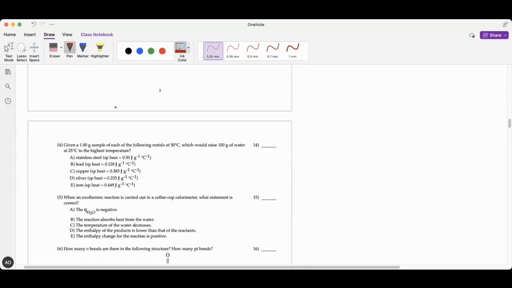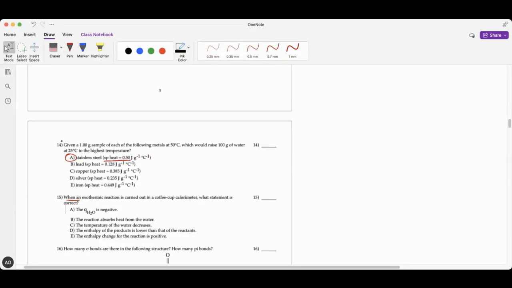Yeah, actually it would be A. And what we're looking at is the specific heat. And so this one here has the highest specific heat. So this would raise the water to a higher temperature. Okay.